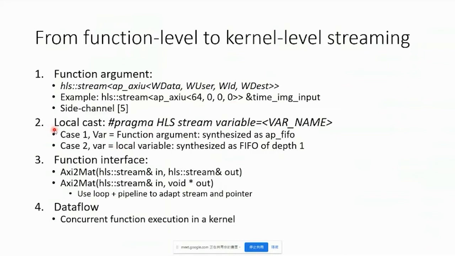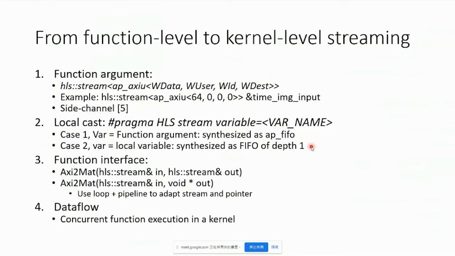The second is local cast. Local cast means that when we have an input stream, if our local data is not a stream type, then it could become a performance bottleneck. So we need to use pragma HLS stream on a variable to specify which local variable we want to make a stream variable.